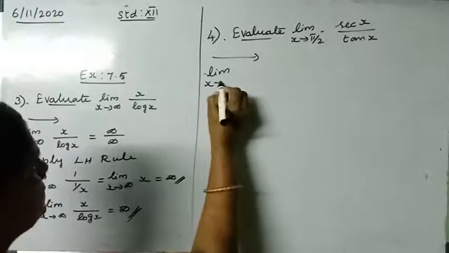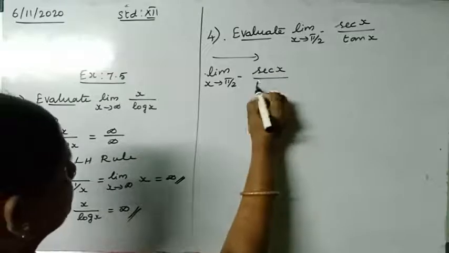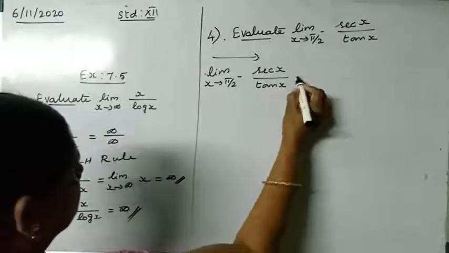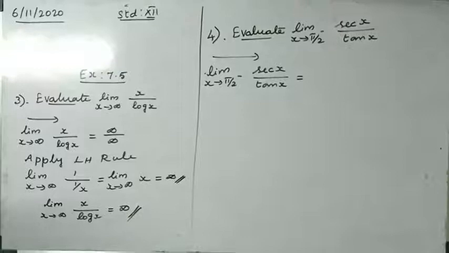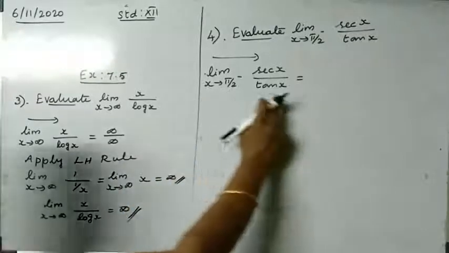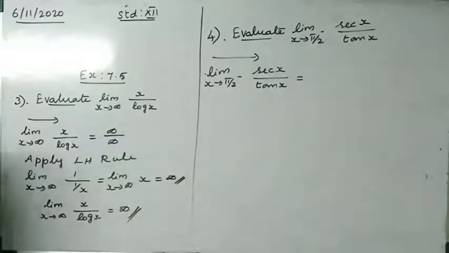Limit x tends to pi by 2 minus secant x by tan x. So if I substitute pi by 2 instead of x, so what would be the answer? So secant x, tan pi by 2 is infinity. So the same way secant means it is 1 by cos. Cos pi by 2 is 0. So 1 by infinity. 1 by infinity is 0.